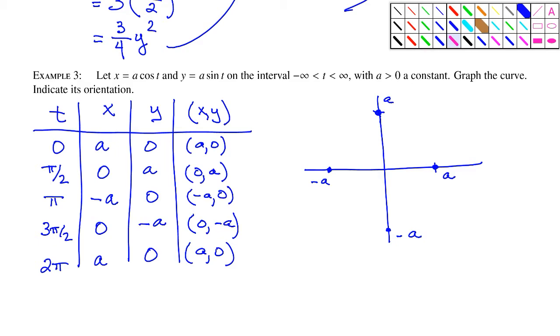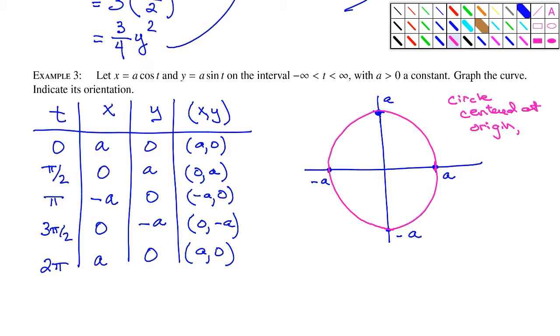If I connect these in order, using what I know about sine and cosine, it does in fact form a circle centered at the origin, with a radius equal to a.